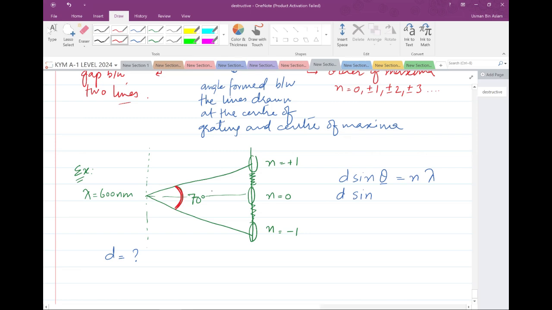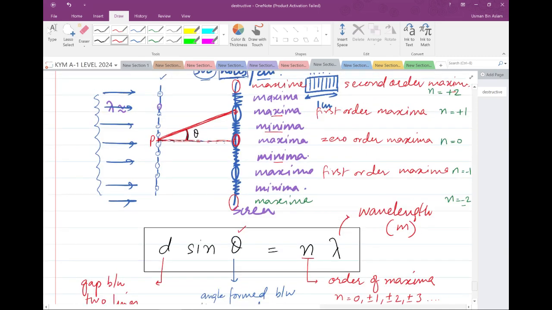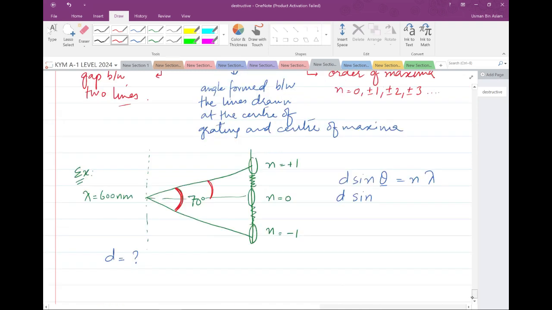In the equation, we only use half of it, because when we were discussing the equation, I defined theta from the point of view of the central line. So if examiner gives you 70 degrees, you have to use 35 degrees in the calculation. So instead of theta, you will place 35, n will be 1, and the wavelength is 600.